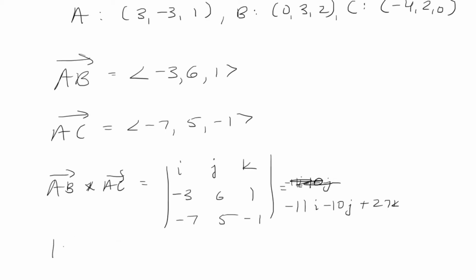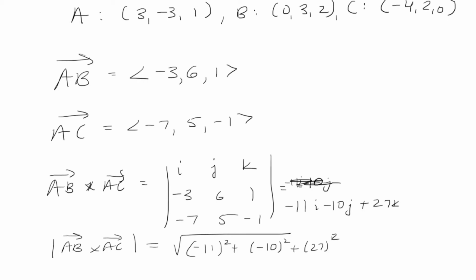So find the length of the cross product. So that's going to be the square root of each of the components squared. And simplifying this, we get the square root of 950, which is also the same thing as 5 square root 38.